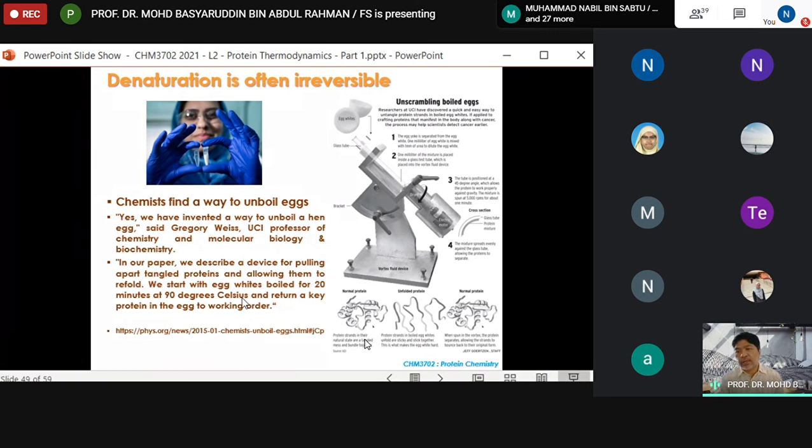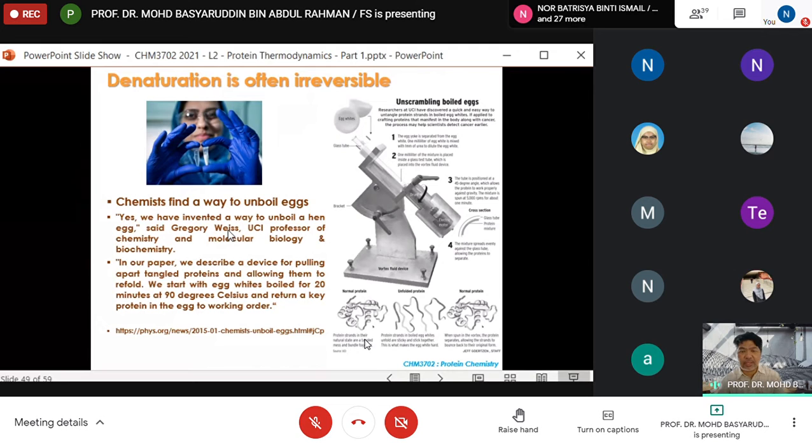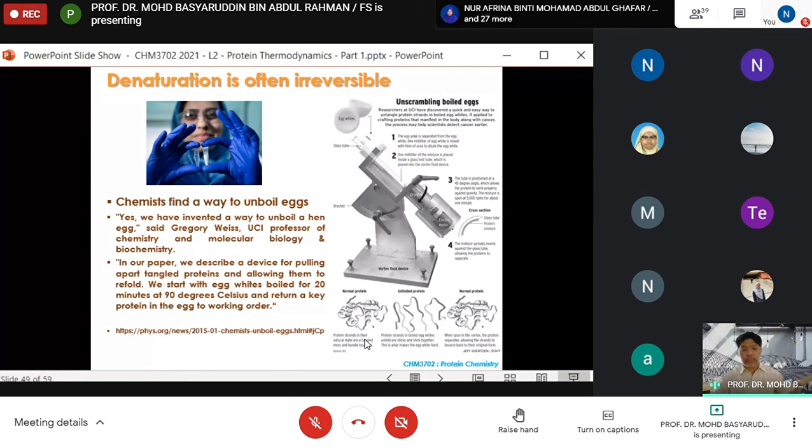Okay, so this is quite interesting. We know that we can make a scrambled egg from an egg, and we basically either boil it or fry it. But this Professor Weiss from UC Irvine, he was the first to reverse the reaction, meaning that he can unboil the egg, ungoreng the egg. Okay, so we know that in an egg, when a solution of protein is boiled, the protein frequently becomes insoluble.